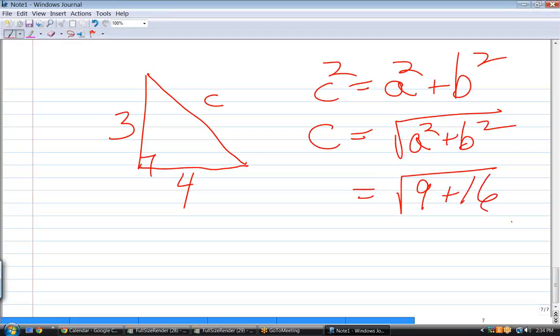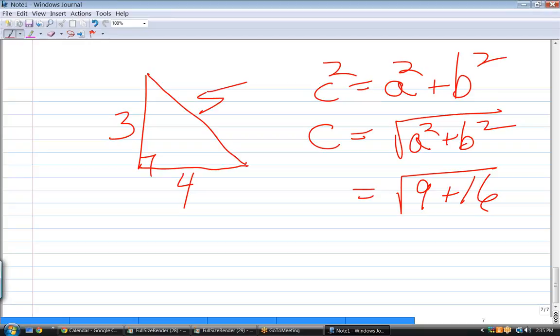Square root of 9 plus 16. What do those add to? Those equal 25. What's the square root of 25? 5. That's the famous 3, 4, 5 right triangle.